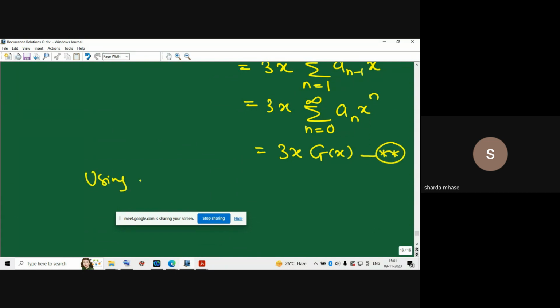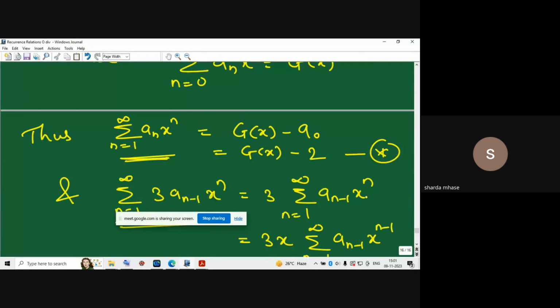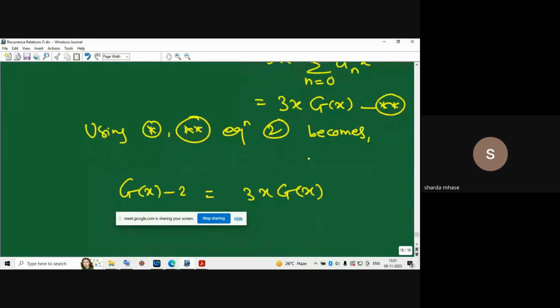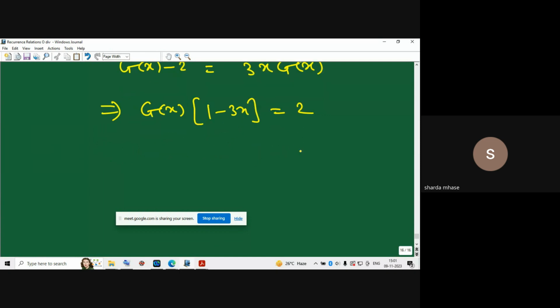So using star and double star, equation 2 becomes g(x) minus 2 equal to 3 times x g(x), which can be written as g(x) into, we shift this, 1 minus 3x, equal to 2, which implies g of x is 2 upon 1 minus 3x.